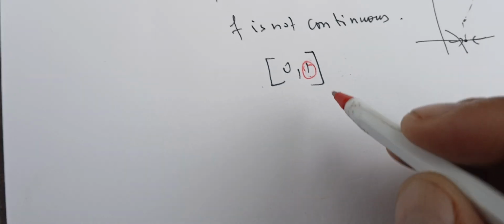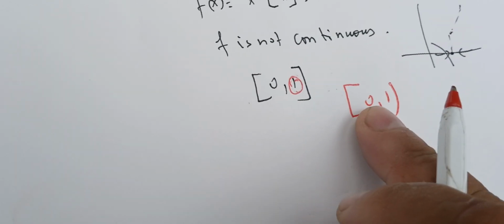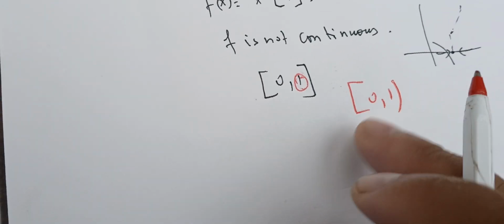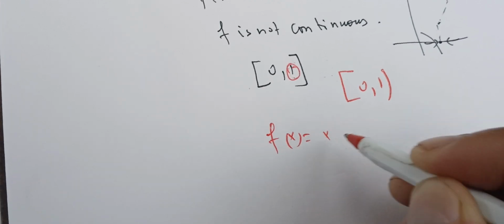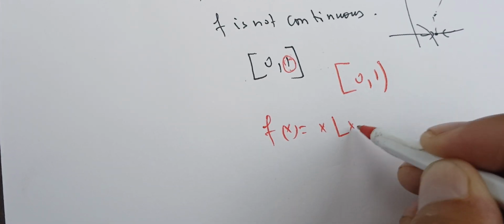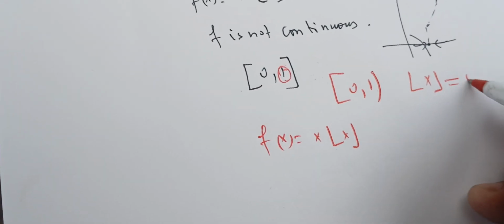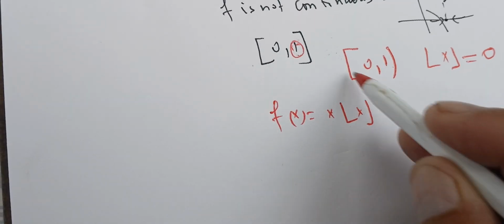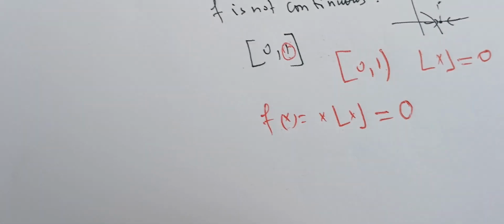First let's focus on this interval 0, 1, where 1 is not included. On this interval f of x equals x times the floor of x. Here the floor of x is 0. Therefore, on this interval, f of x is just 0.